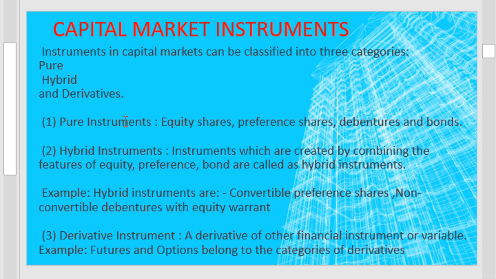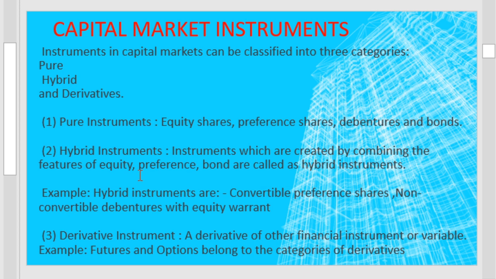Usually, instruments available in the capital market can be classified into three categories: pure instruments, hybrid instruments, and derivative instruments. Examples of pure instruments are equity shares, preference shares, debentures, and bonds.